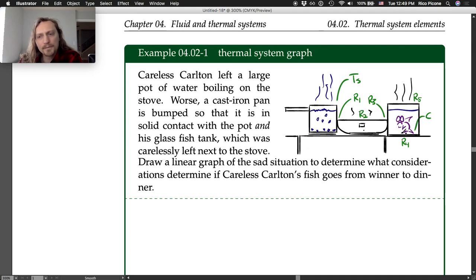Now, fortunately, there are ways for heat to escape, so there's convection from the tank to the surrounding air. There's also conduction through the countertop as well. So convection, we'll say, is R5, and then conduction, R4.